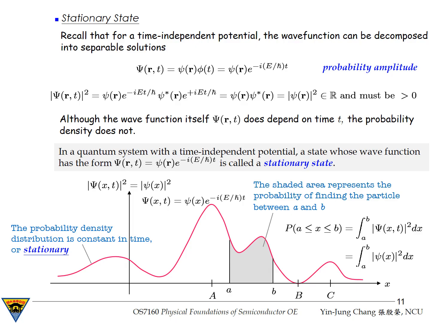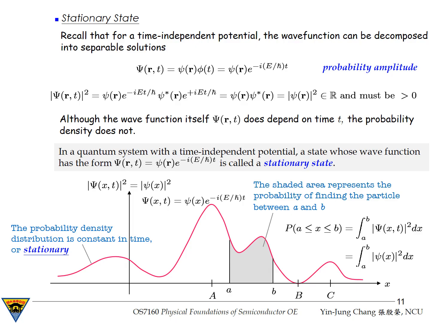Let me emphasize the term stationary again. It doesn't mean that the particle is sitting motionless at a single point in space. Instead, it means that the probability distribution is fixed in time. The wave function still has a time-dependent phase, but that phase doesn't show up in the absolute square of the wave function.